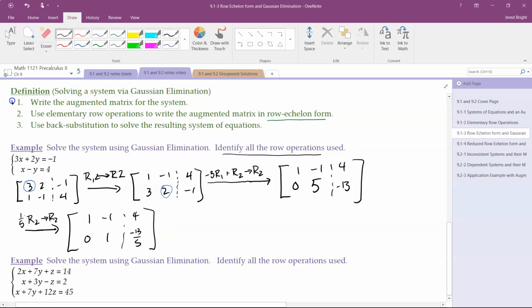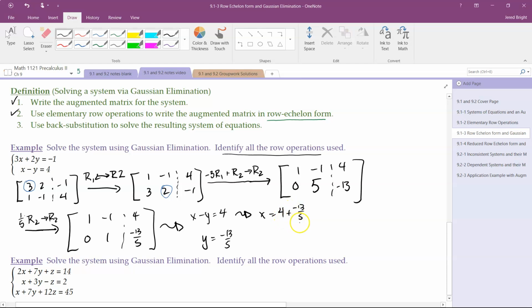Now I've done the first and second step, so I'm going to use back substitution, meaning I'm going to translate it back into a system of equations. So I have y is equal to minus 13 over 5, and then I have x minus y is equal to 4. So for x in particular, I get x is 4 plus y, which is negative 13 over 5.